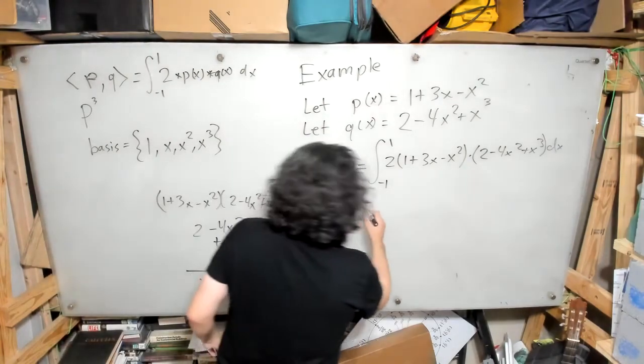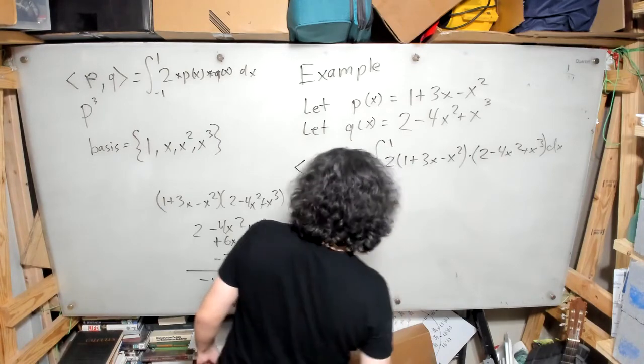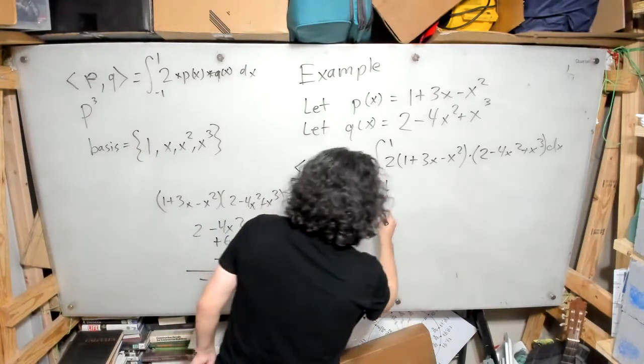And then that'll be the integral from -1 to 1 of this, times 2, so I'll pull the 2 out to the front.